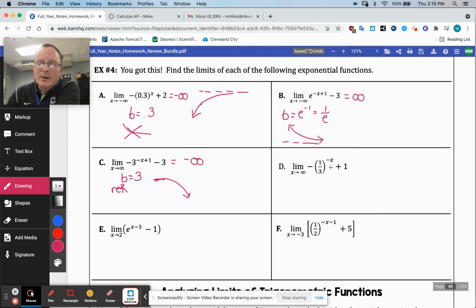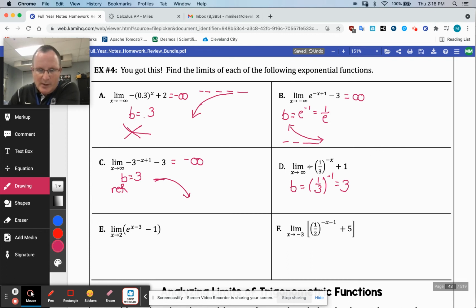Okay. D. Oh gosh, we got all kinds of stuff going on. All right. So my base can be thought of as 1/3 to the -1, which is the reciprocal. So that's 3. So that would be growth.